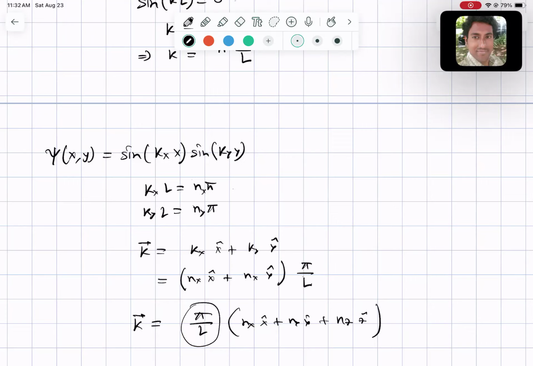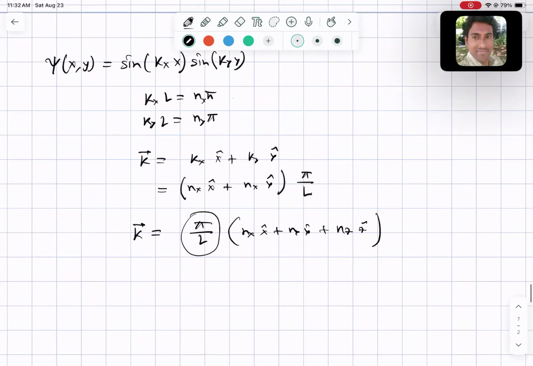Okay, x, y, z. So here we have pi over L factor in front. That's important. So if we want to measure length, then it will be just pi over L. If we want to do area, right, like this system, then pi over L times pi over L, that becomes pi squared over L squared, or pi squared over area.